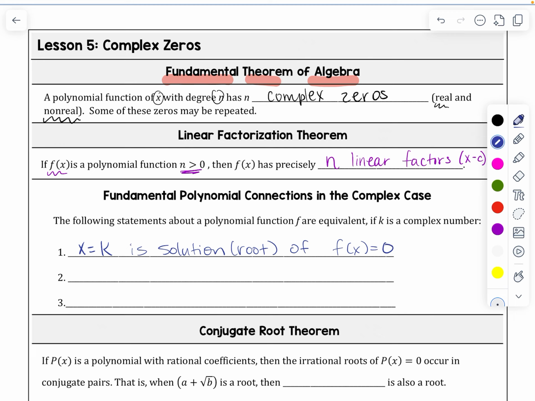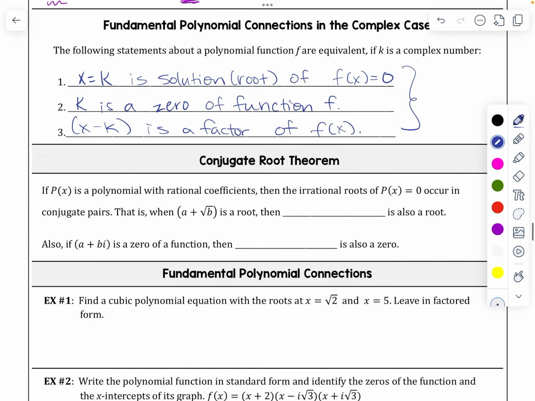If we set it equal to 0, we talked about this before, we say that k is a zero, aka solution, aka root, of the function f. And then we say x minus k is a factor of f of x. This is all a review, things that we've learned before.